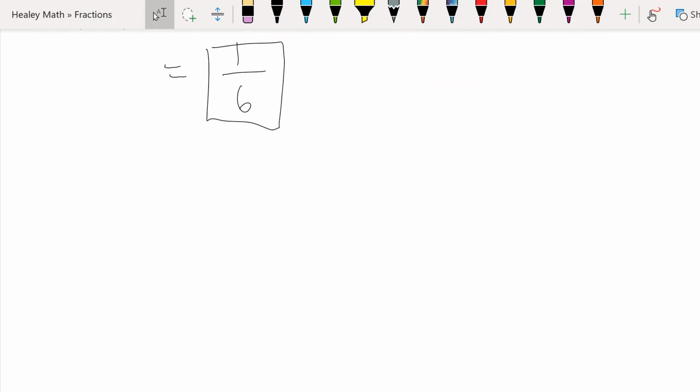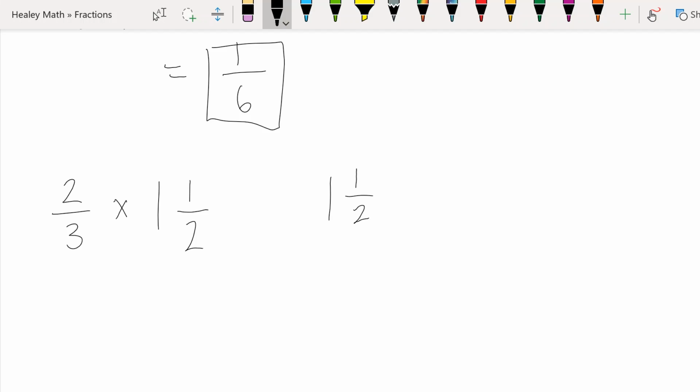In the rare case where we have a proper fraction multiplied by a mixed fraction or a mixed number, the first step is converting 1 and 1/2 to an improper fraction. And we can find this by multiplying 2 times 1.